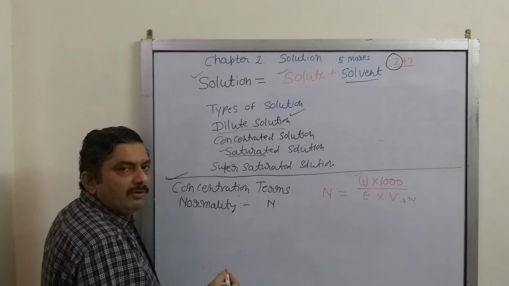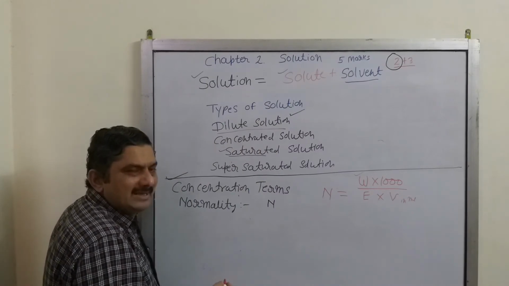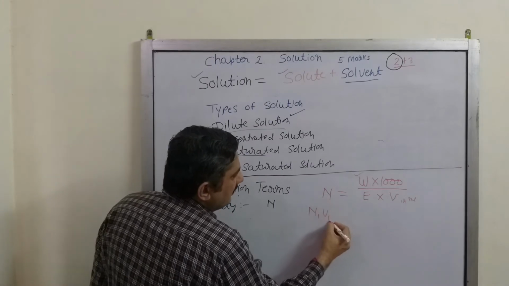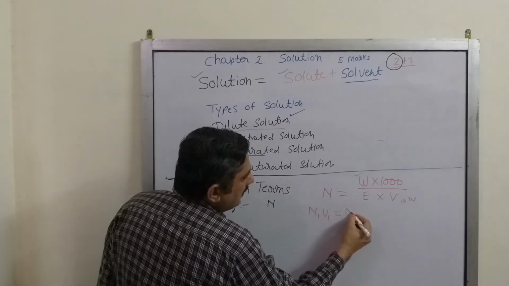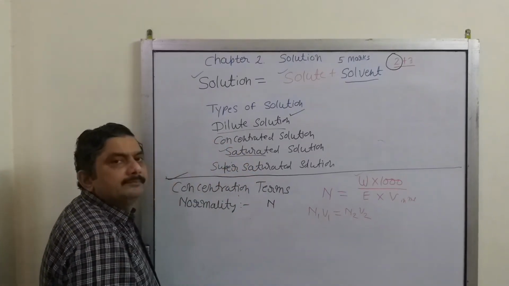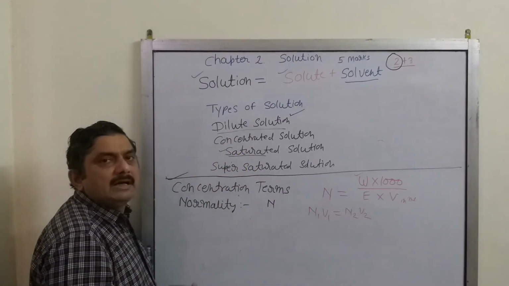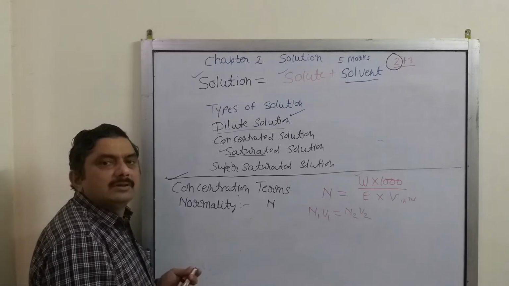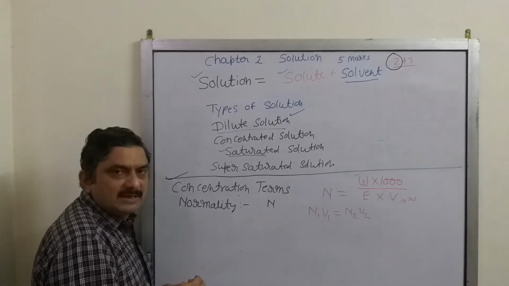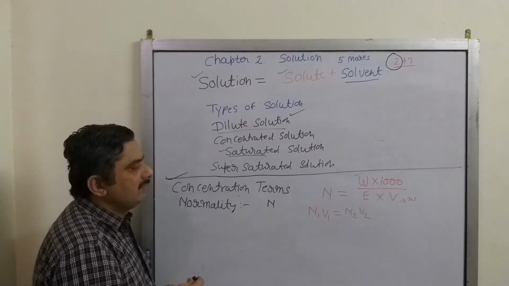The second formula to calculate normality is N1 V1 is equal to N2 V2, where N1 is the normality of first solution, V1 is the volume of first solution, N2 is the normality of second solution, and V2 is the volume of second solution.